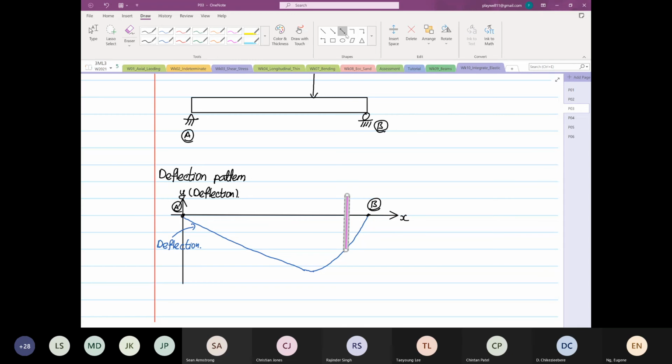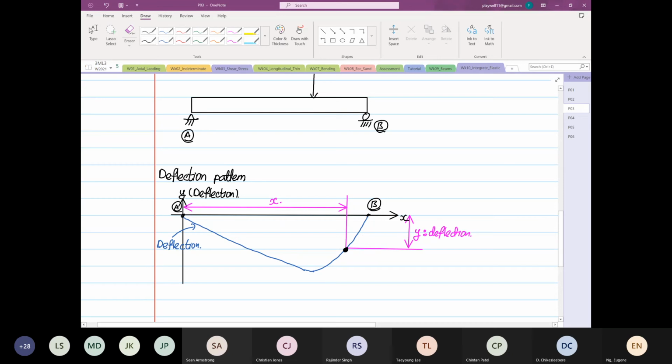Some of you will ask how you notice that point is an arbitrary point. Arbitrary means it can be anywhere. So if this is your x, the distance from here to here, now this is our y, which represents our deflection.